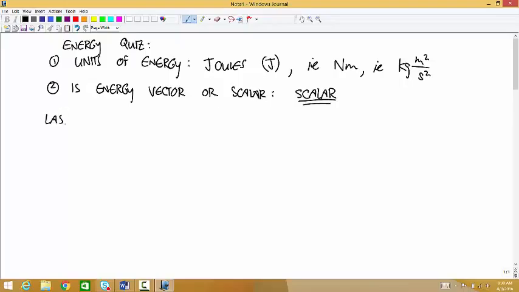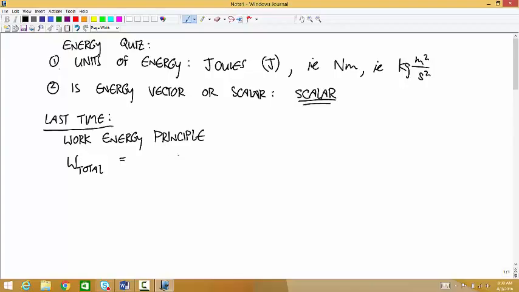Okay, so last time we came up with the work energy principle. And that says that if you add up all the work due to all the forces, that's equal to the change in kinetic energy of the object.